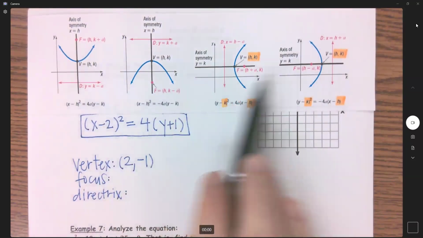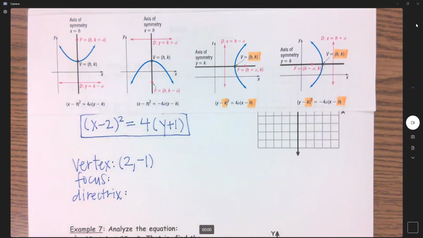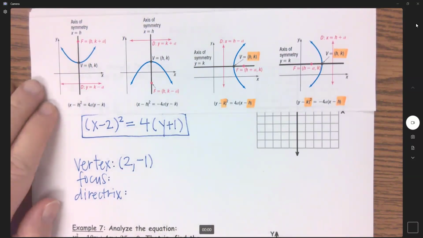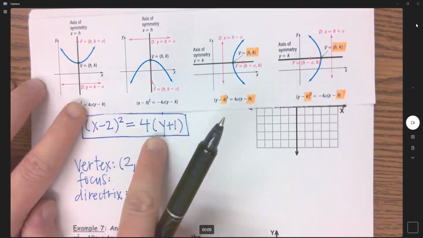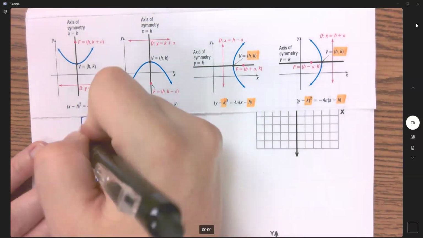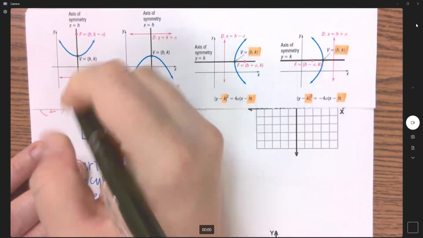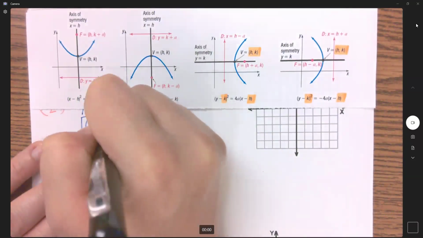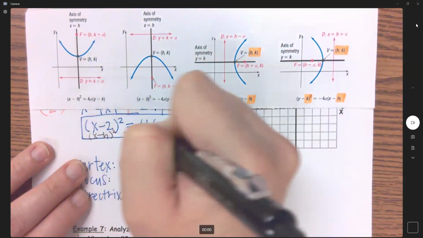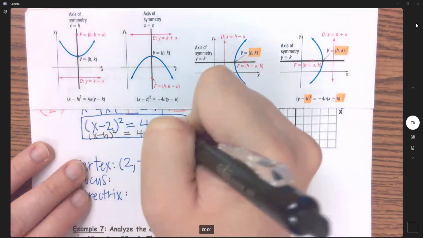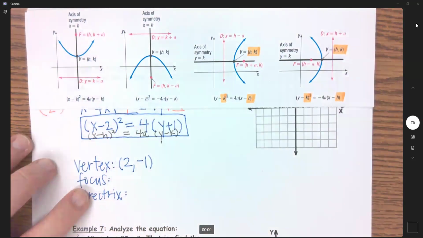The first, second, third, or fourth one? And that's this first one right here. You have an x squared and then a positive 4a. So I'm going to write this equation just right here below. This is x minus h squared equals 4a times y minus k.